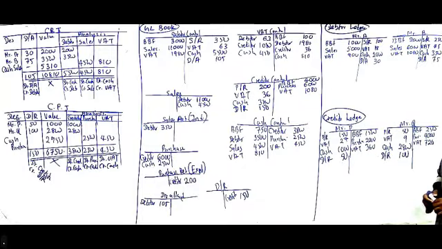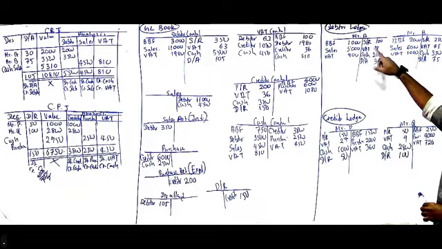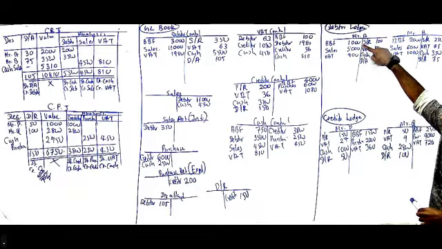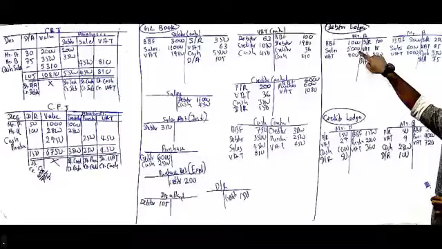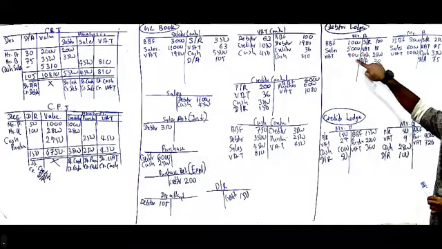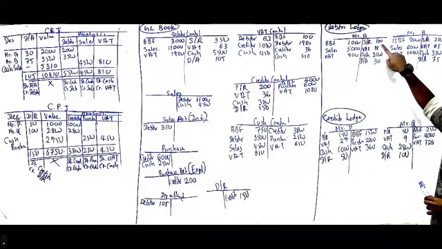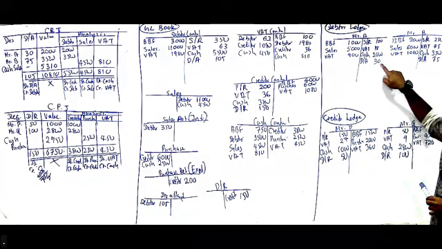Second one. Mr. A's final value: take the calculator, type 1,000 plus 5,000 plus 900 minus 100 minus 18 minus 2,000 minus 30.